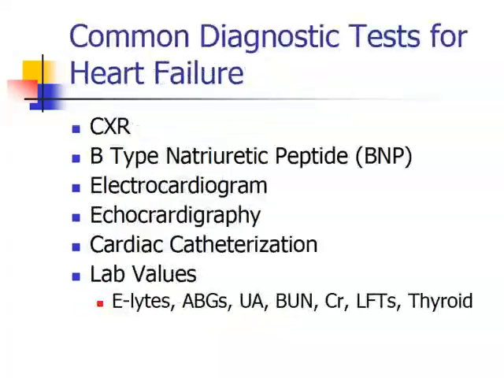Some common diagnostic tests for patients in congestive heart failure include the chest x-ray and B-type natriuretic peptides. These are peptides found in the heart ventricles, and they increase in the blood when ventricular filling pressures are high.